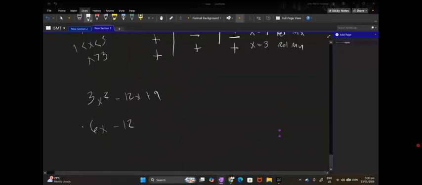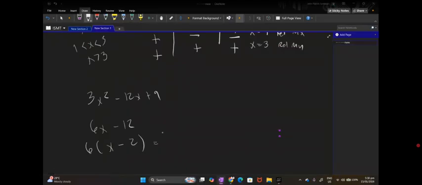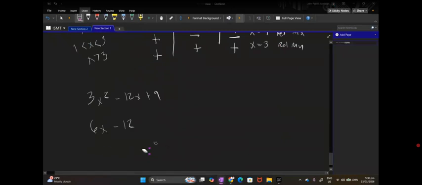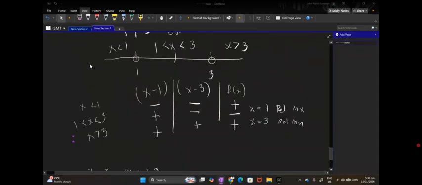Pwede natin siya i-factor. Okay. Sorry. Hindi na pala natin siya pwede factor. So, pagdating second derivative, di ba nakuha mo na yung second derivative? Pwede mo na isalpak yung mga nakuha nating critical number. 1 and 3.